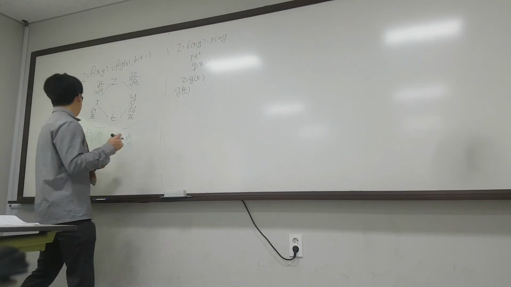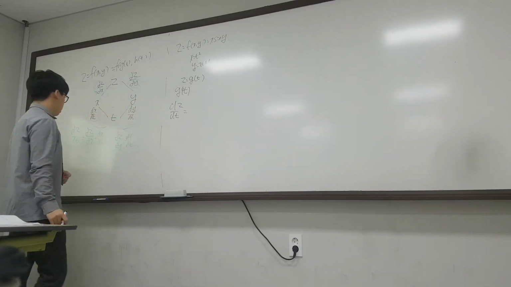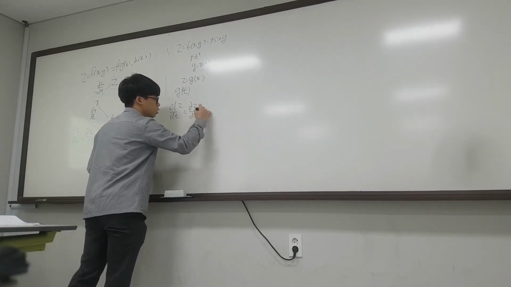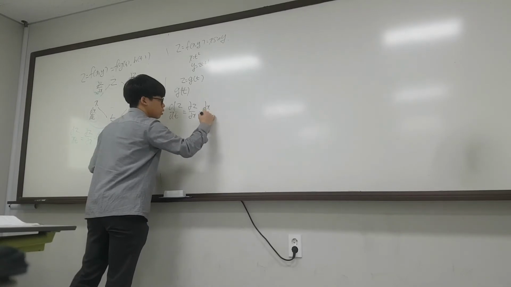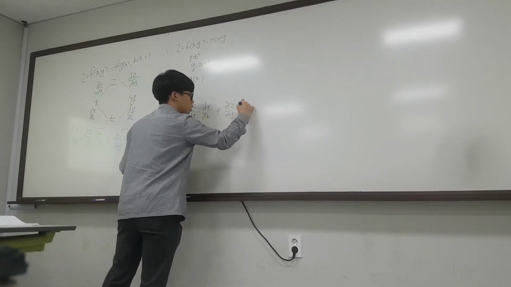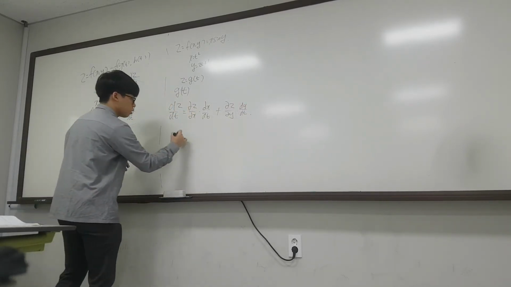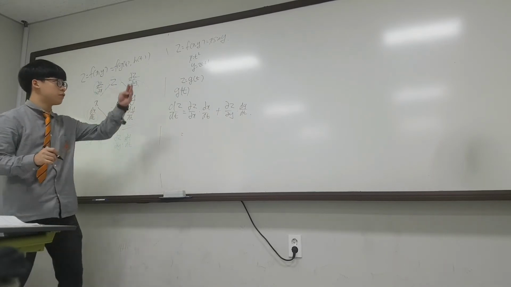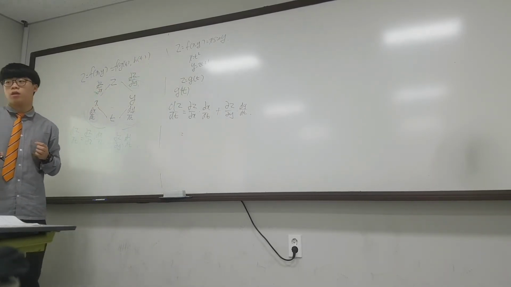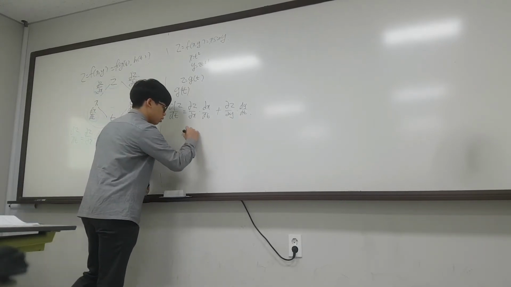So dz dt is the partial derivative of this function in terms of x, which is sine y.